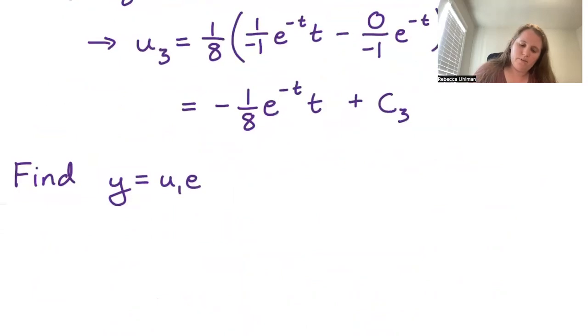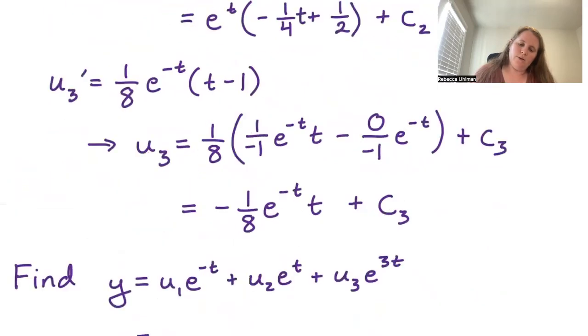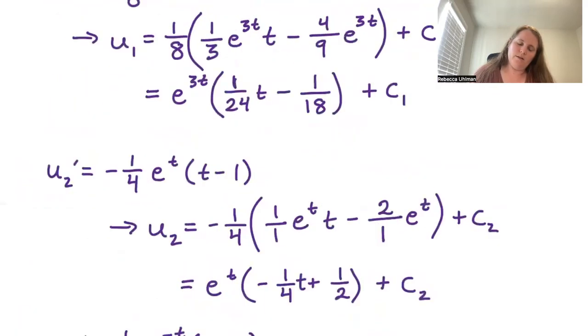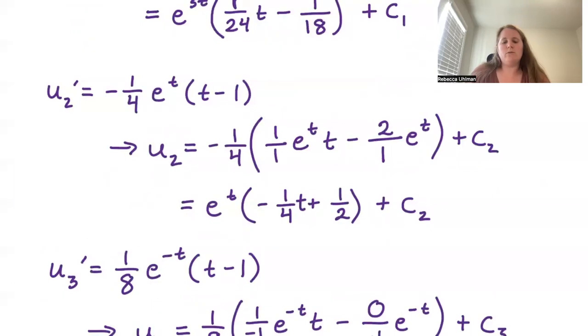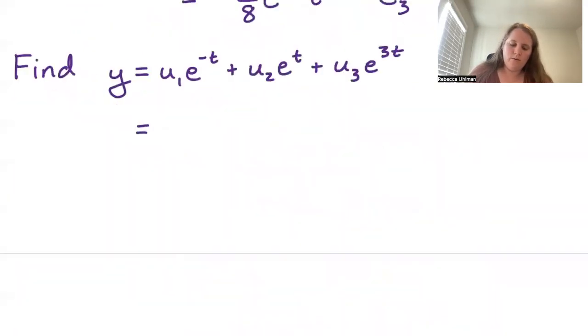So we are looking at u1, we just found to be e to the 3t times 1 over 24 t minus 1/18 plus c1.